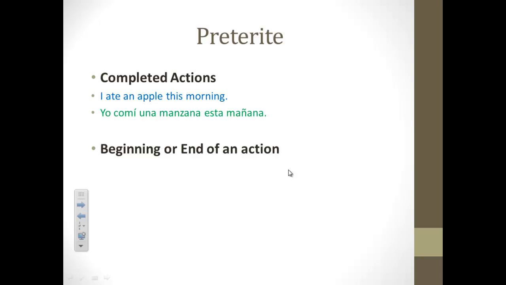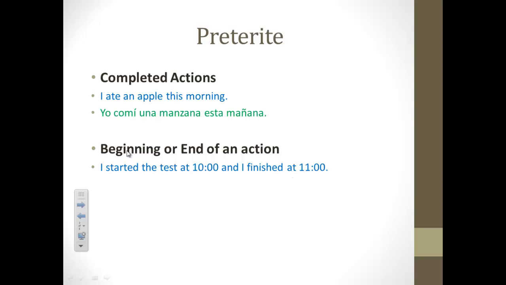Okay, the second time you use preterite is anytime you are talking about the beginning or the end of an action. Maybe you were talking about the movie you went to see this weekend and you said, yeah, the movie started with a really exciting scene. Any of that, when you're going to use the word empezar or terminar, you're going to use the preterite, okay, when you're talking about a single action.